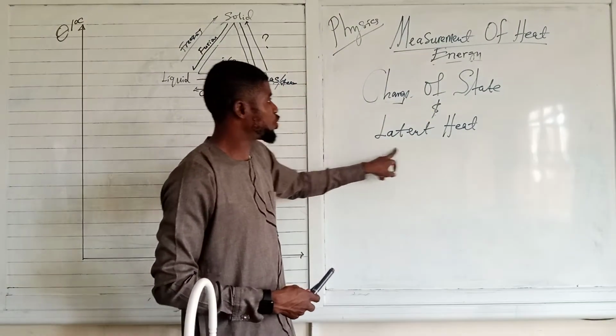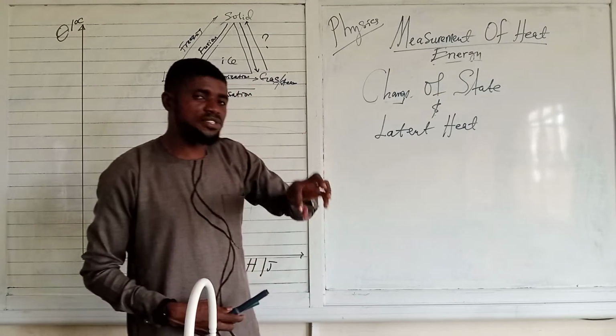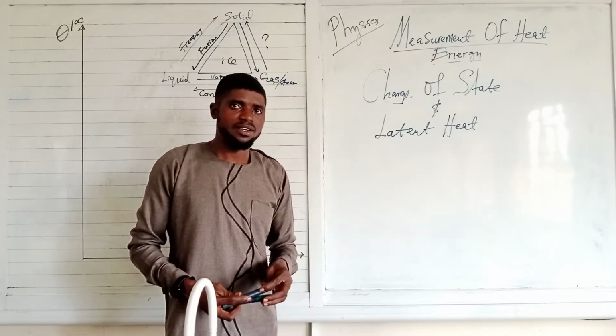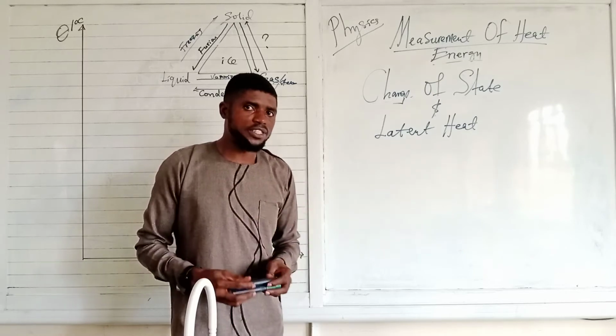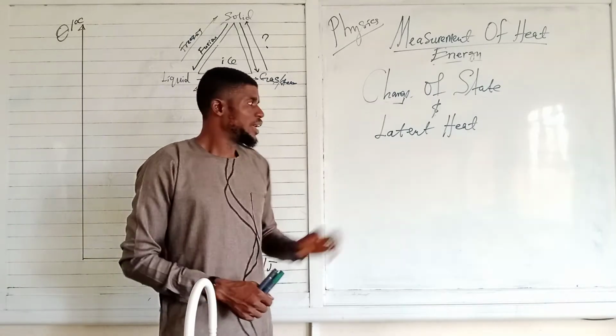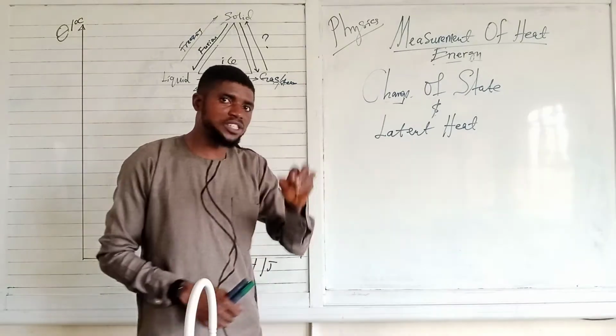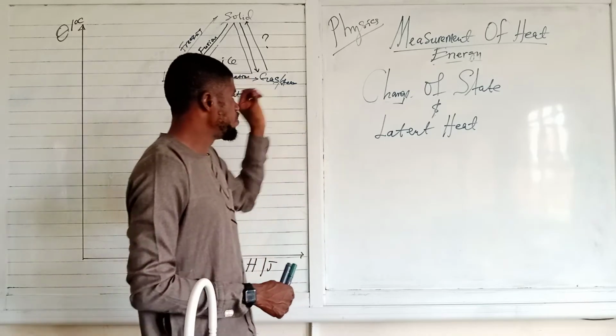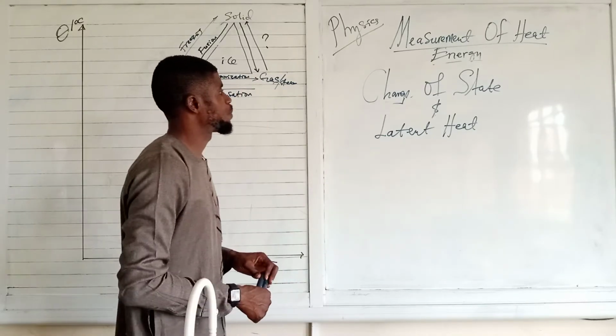Latent heat is actually the heat energy that is responsible for every change of state. Do you understand? It is an invisible heat, a heat that comes with a constant temperature, with no change in temperature. So what do we mean by latent heat?